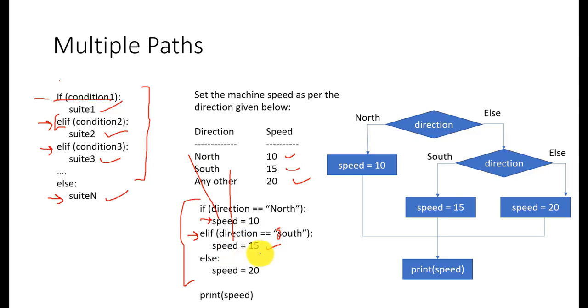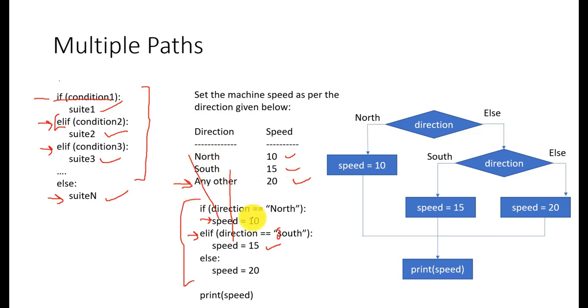If direction is north, then we set the speed to 10. If direction is south, then we set the speed to 15. If the direction is neither north nor south, all the conditions have failed here. Then we come to the else block.